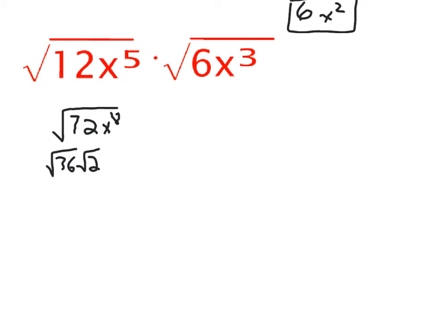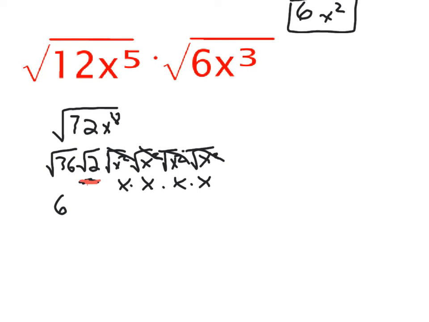We want to chunk them in groups of 2. So that's square root x squared, square root x squared, square root x squared, and square root x squared. Square root of 36 becomes 6. Square root of 2 is stuck, so we'll save that for a second. And then square root of x squared, square root of x squared, square root of x squared, square root of x squared, they all just become single x's.